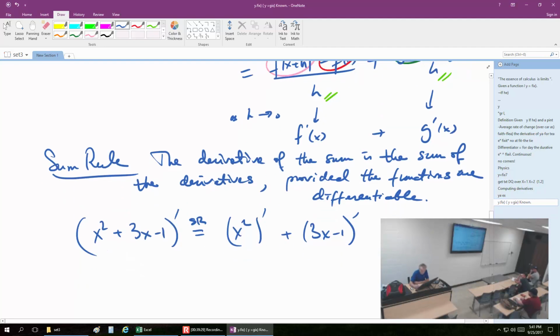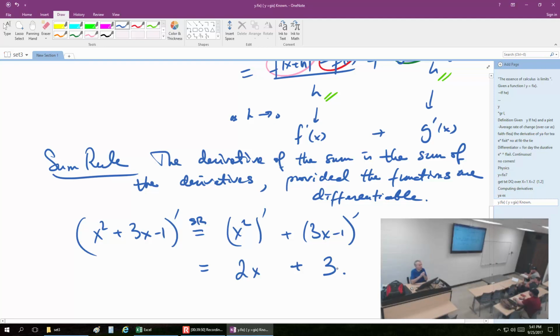Okay, so we know the derivative of the first function. The derivative of the first one is 2x, and of the second one is 3.